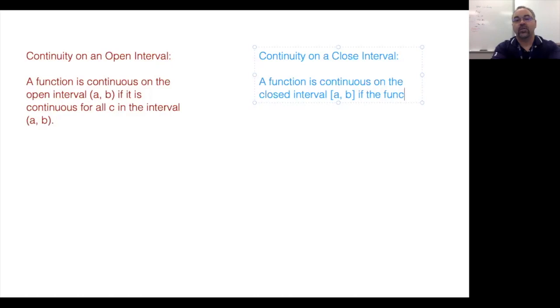function is continuous on the open interval a to b, and then here's where we get some new notation. Because I only can approach a from one side, I'm going to draw a picture so we can get a better feel for it.